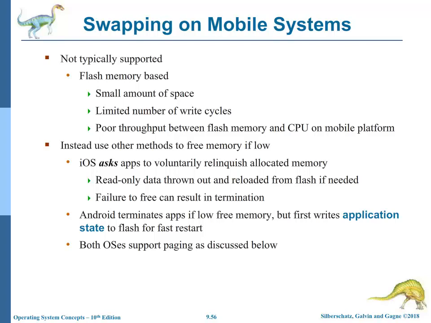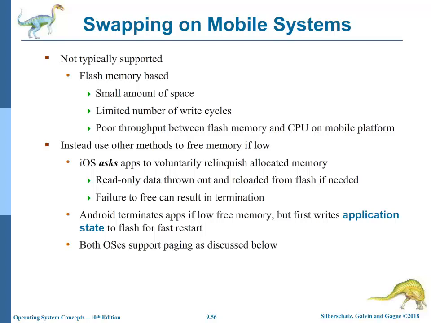In contrast, mobile systems typically don't support swapping in any form. Mobile systems generally use flash memory rather than more spacious hard disks. Only a limited number of writes is allowed, and there is poor throughput between flash memory and the CPU on mobile platforms.